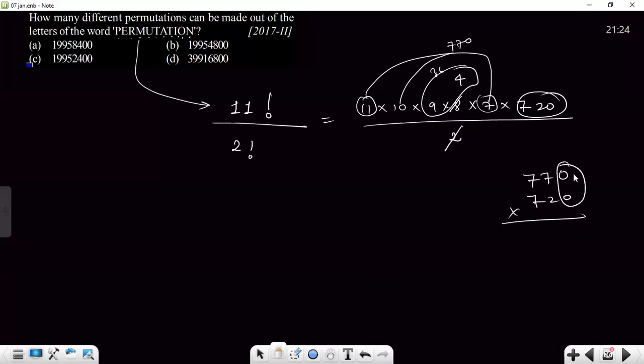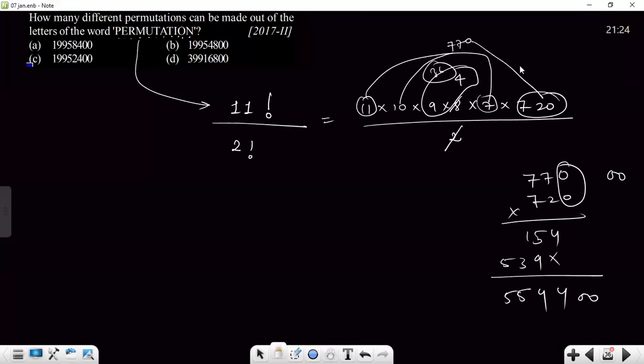Let's take these two zeros at the end and write two zeros later. 77 into 2 is basically 154. 77 into 7 is basically 539. 4, 594, 1 carries, 5, 5, 2 zeros. And it is getting further multiplied by 36.